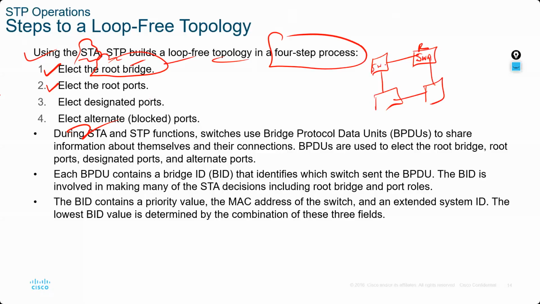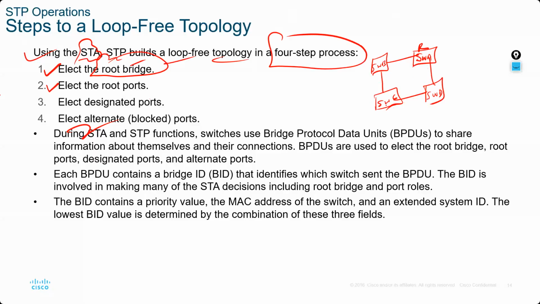Let's call this one switch B, this one switch C, and this one switch D. So now, this guy won the election. That is switch A. So switch B needs to make up his mind on where to pass through to go to switch A, to the root bridge. Switch C needs to make up his mind on how to go to the root bridge. Switch D also needs to make up his mind on how to go to the root bridge.